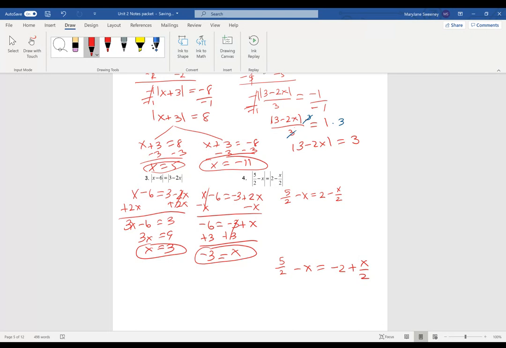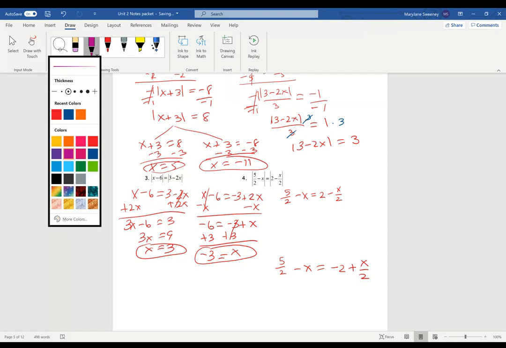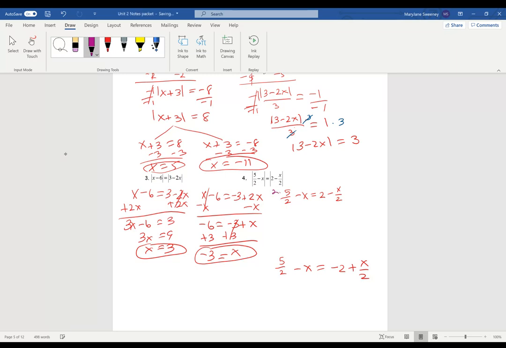Now, for solving something like this, because I don't want to deal with fractions, I would multiply everything by 2. That will get rid of the fractions. And then I can just add the 2x and then minus the 4 and x is 1.